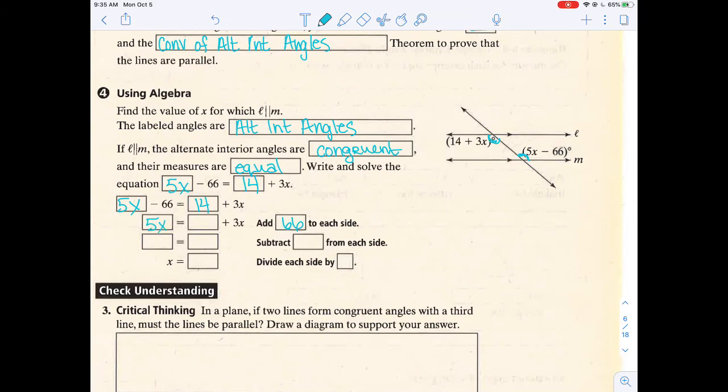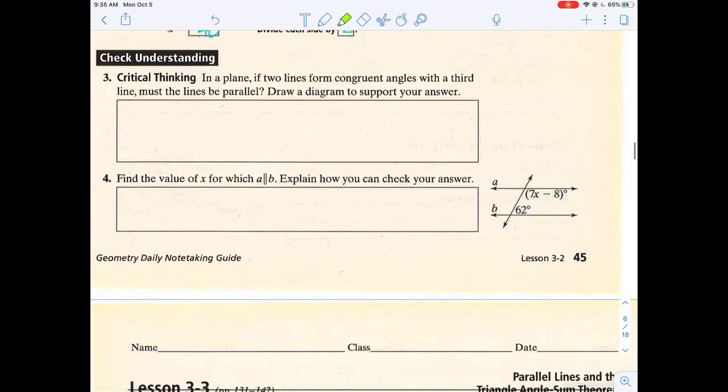So now we have 5x equals 80 plus 3x. Then we're going to subtract 3x from each side. So 2x equals 80. And then if we divide by 2 on each side, we know that x has to be 40. Okay, then two more check for understanding problems here.